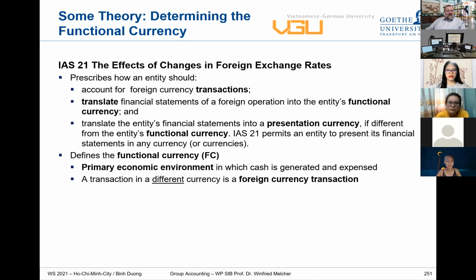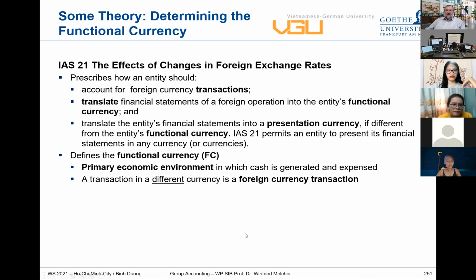So some theory has to be also here. So first we have to look at IAS 21, which is on the effects of the changes in foreign currency exchange rates. So whenever we want to set up IFRS financial statements, we have to follow IAS 21, which is on foreign currency.